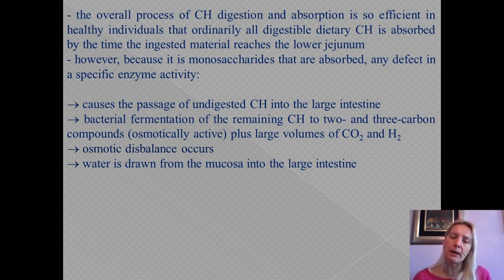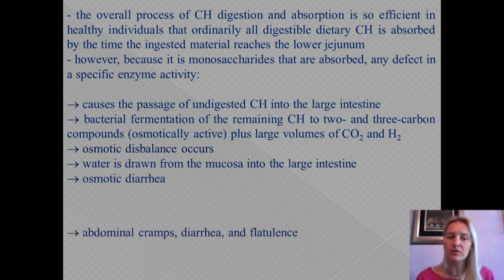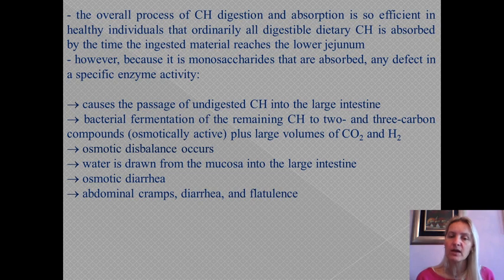So what's going to happen then? Do you have any idea? If you're bringing water from the mucosa into the large intestine, exactly, so osmotic diarrhea occurs, and it's exhibited in a number of symptoms like abdominal cramps, diarrhea, flatulence, and so on.